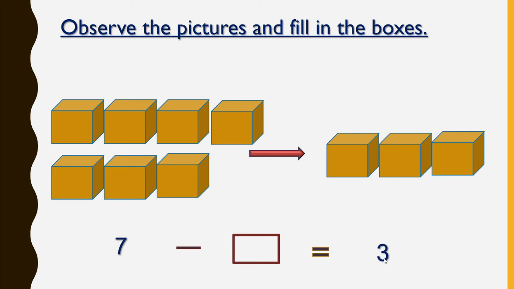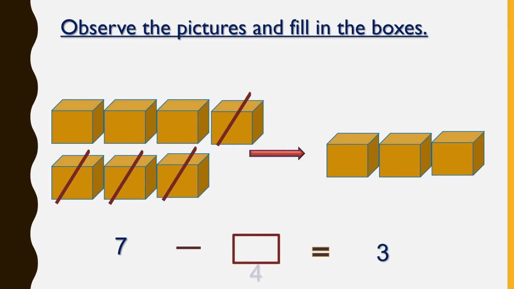Means what happened to all the rest of the boxes? Okay, first we will try to cut the extra boxes, because only 3 boxes remained. So this cut, cut, cut, cut. Correct? Here only 3 boxes remain. Right? 1, 2, 3. And these 4 boxes are taken away from this place.